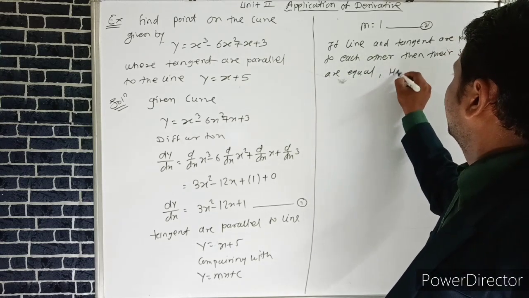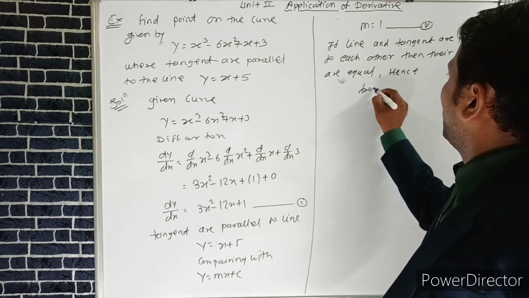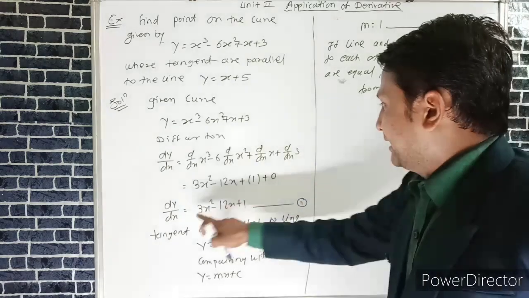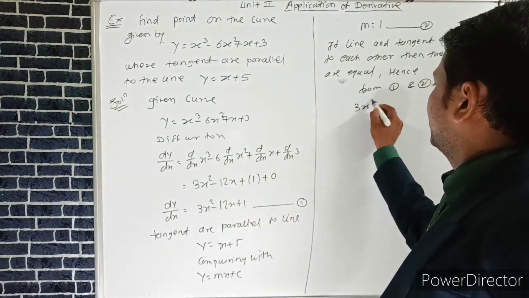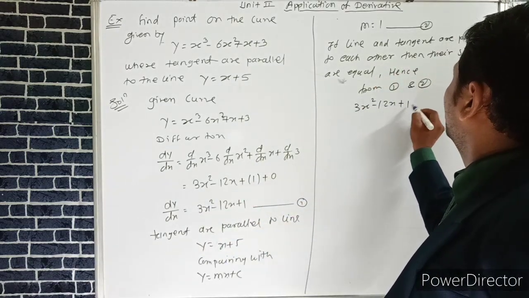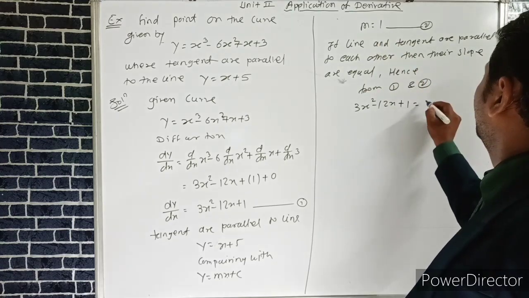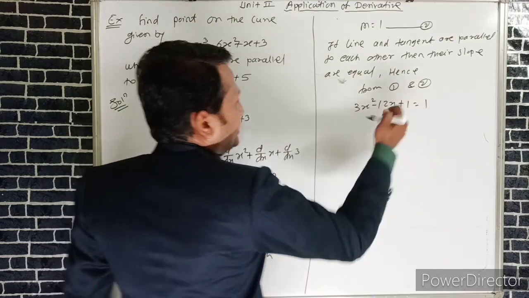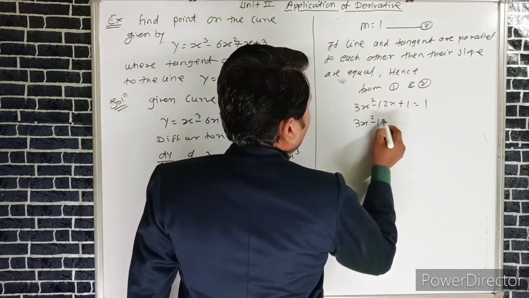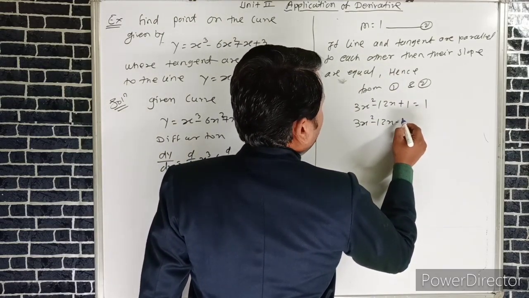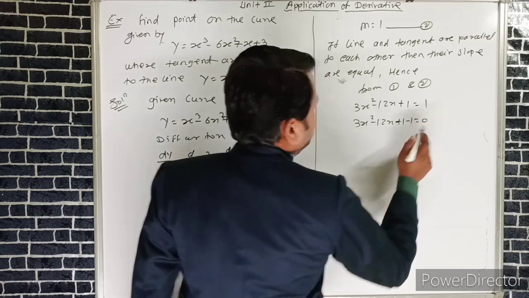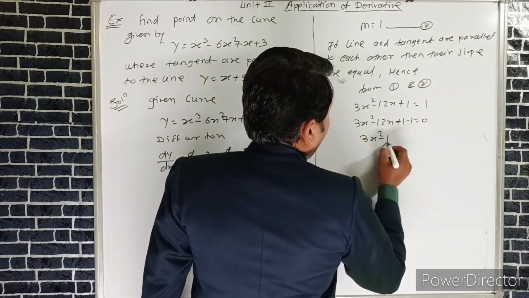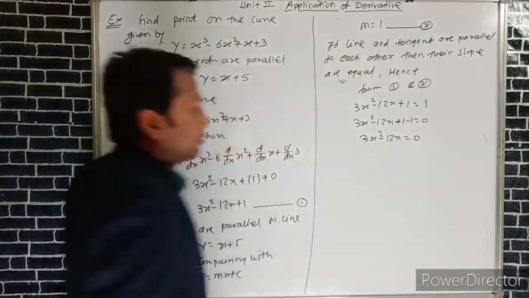Hence, from 1 and 2, we can say that 3x square minus 12x plus 1 is equal to 1. If we take this to the left side, 3x square minus 12x plus 1 minus 1 is equal to 0. Plus 1 minus 1 cancel. We can write 3x square minus 12x is equal to 0.